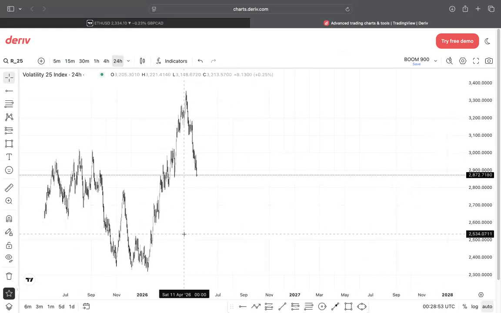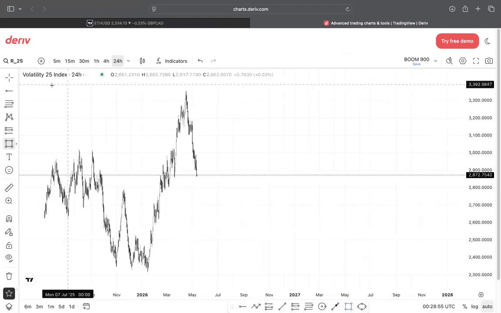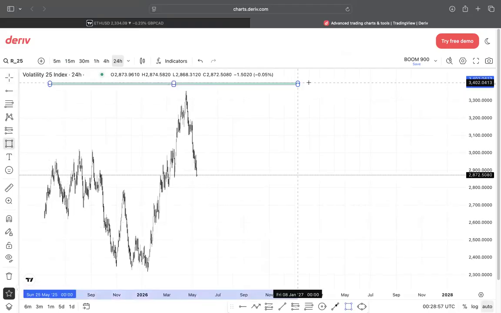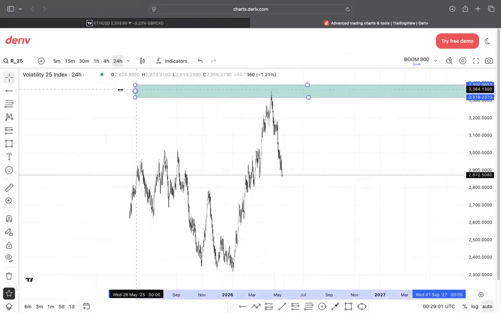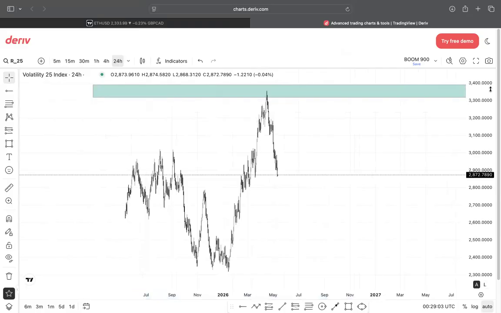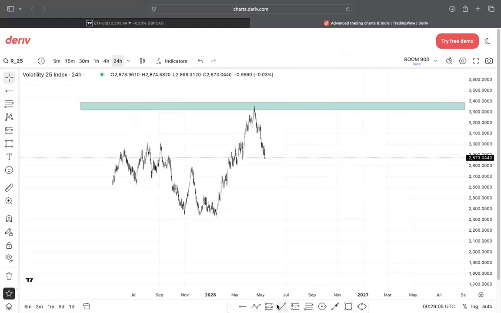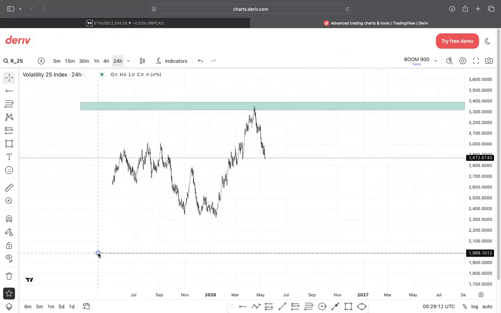For synthetic indices, the monthly time frame is not on charts.derive.com. You have to use your MT5 to get your monthly time frame, right? But from the monthly time frame, volatility 25 is selling my bias, right? And then somewhere around here is the take profit.